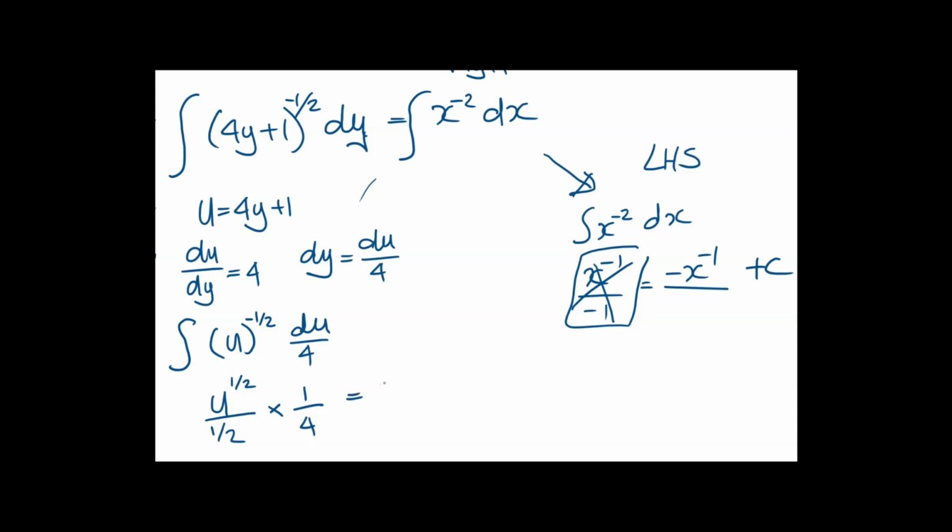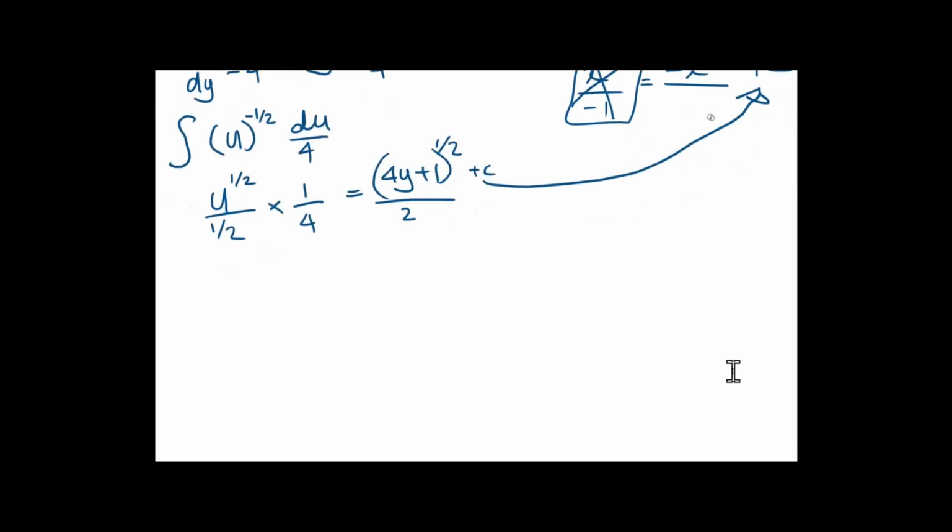And when we put the u back in, we're going to get 4y plus 1 to the power of half. And it's all going to be half times 4 is 2, plus c, but the c that I put there, we're going to add it to the c, so we get one single c at the end.